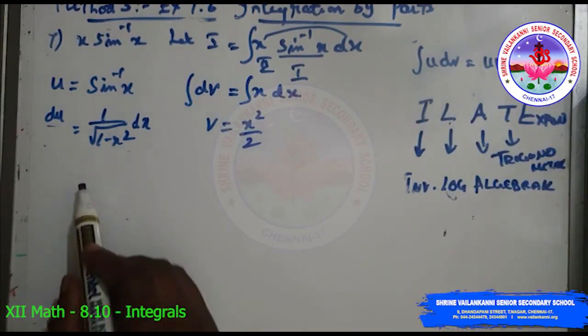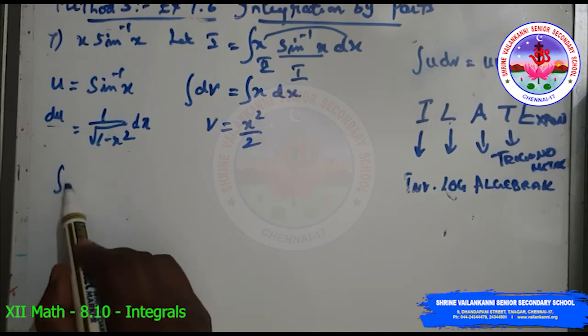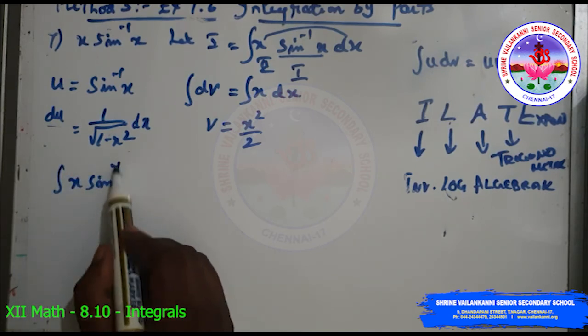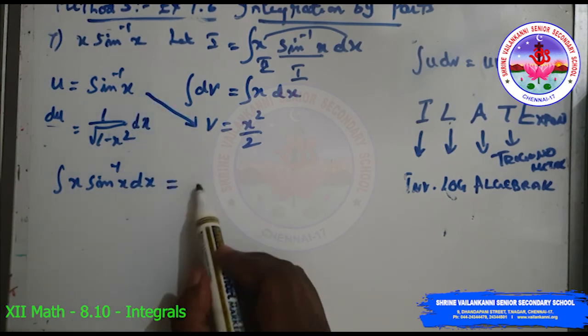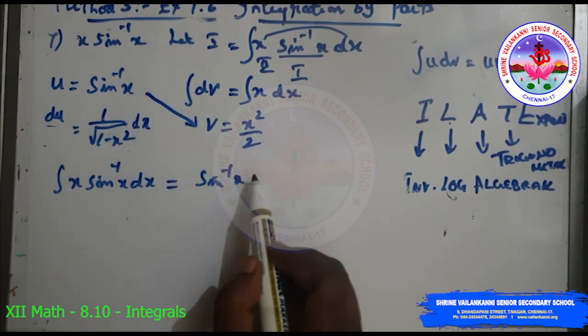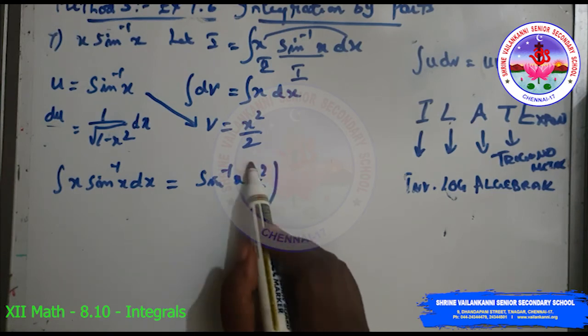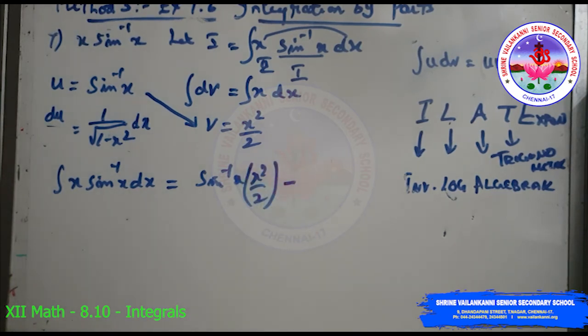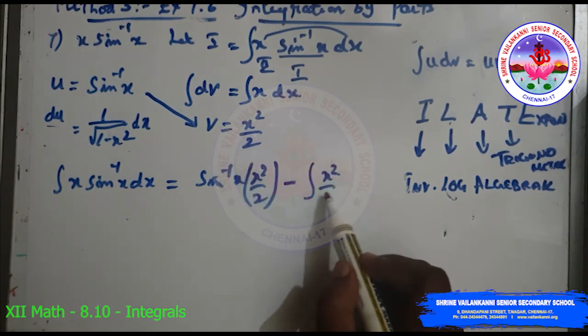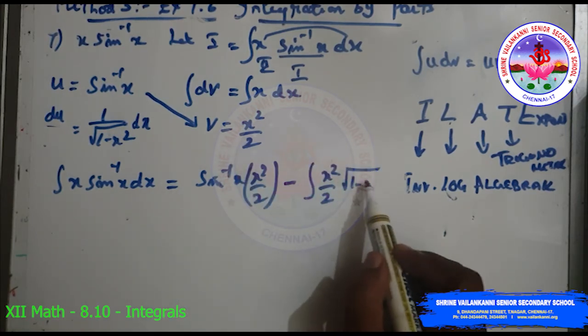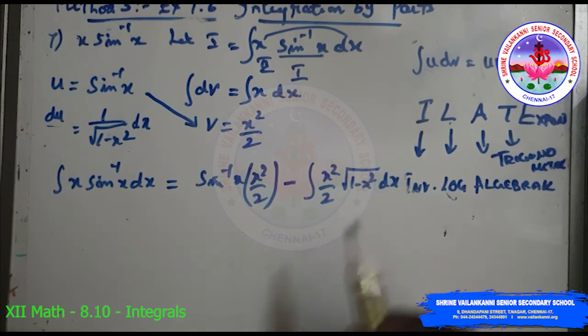Using this formula, the integral of x into sine inverse of x dx is equal to u into v, so sine inverse of x into x square by 2 minus integral of v into du, so integral of x square by 2 into root of 1 minus x square dx.